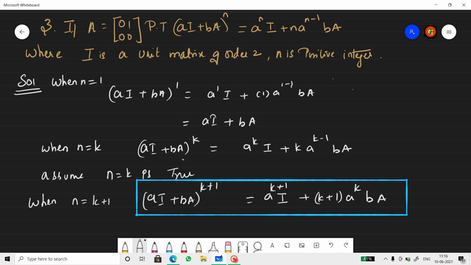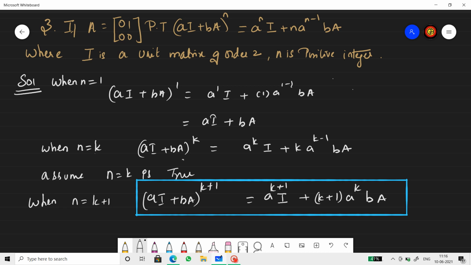I've already written it over here. When n is 1, we substitute 1 in the place of n. So it becomes (aI plus bA) to the power of 1 and a to the power of 1 I plus 1 a power 1 minus 1 bA. That's the result. aI plus bA, because a to the power of 0 is 1 and 1 into 1 is 1, so the resulting value is just bA.